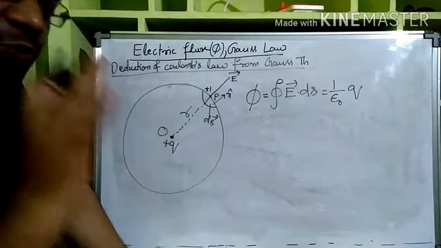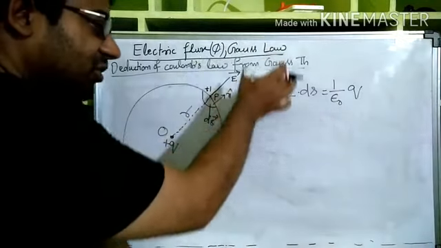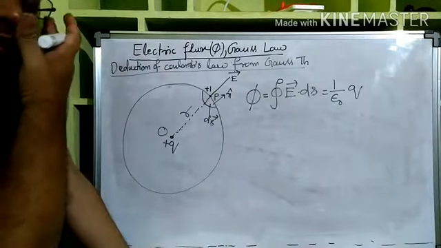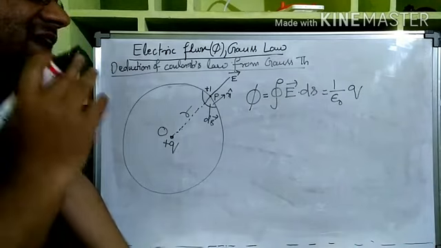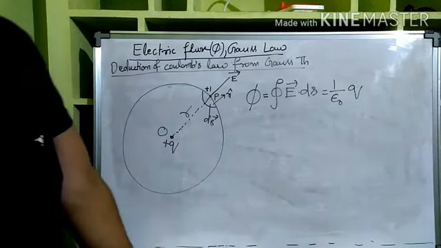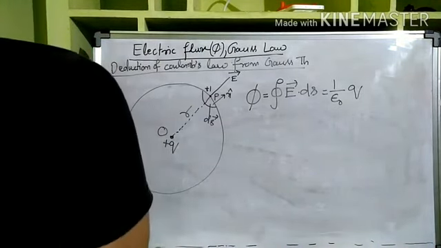Now we don't know Coulomb's law, and we will see that if we start from Gauss law, how we come to Coulomb's law, or how Gauss law and Coulomb's law are in agreement with each other. That we are going to see.